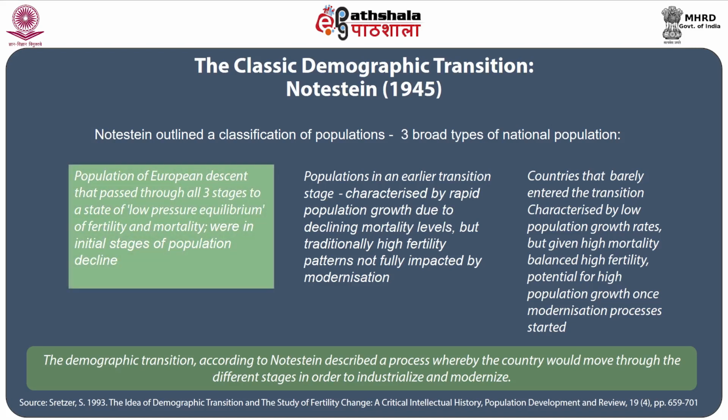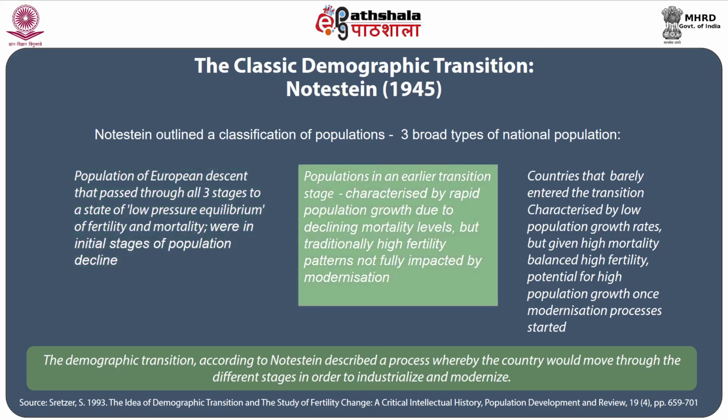Population of European descent that has passed through all three stages to a state of low pressure equilibrium of fertility and mortality levels. These countries were in initial stages of population decline. The second is population in an earlier stage of the transition characterized by rapid population growth due to a decline in mortality levels, but with traditionally high fertility patterns not fully impacted by modernization.